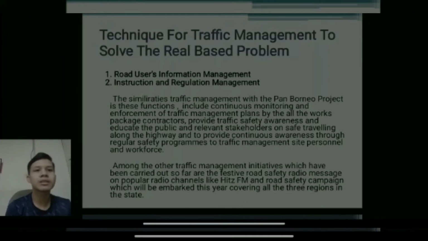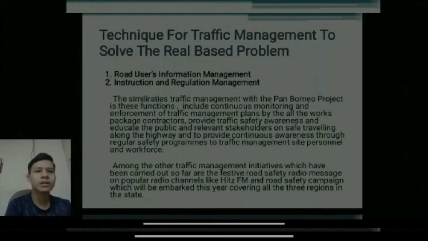The similarities between this traffic management and the Pen Borneo project are that these functions include continuous monitoring and enforcement of traffic management plans by all works package contractors, providing traffic safety awareness and educating the public and relevant stakeholders on safe travelling along the highway, and providing continuous awareness through regular safety programs to the traffic management site personnel and workforce.